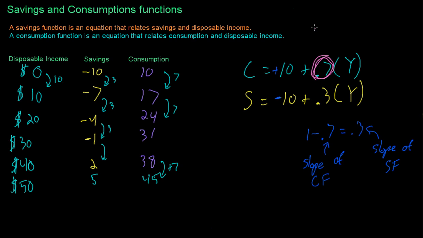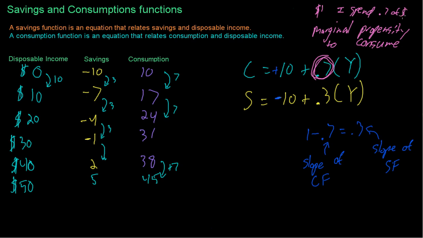And all that means is that for every extra dollar I get, so if I get $1, I spend, in this case, 70 cents. I spend 0.7 of $1. And that's it. The slope of the consumption function is the marginal propensity to consume.